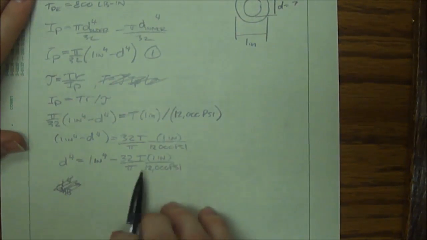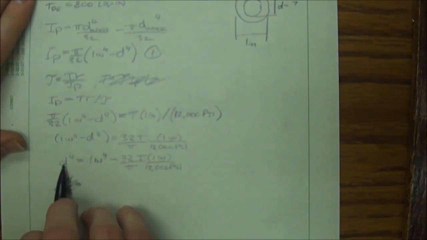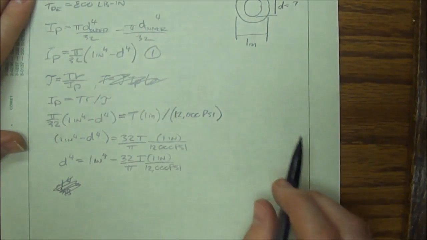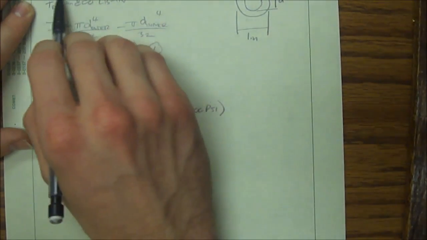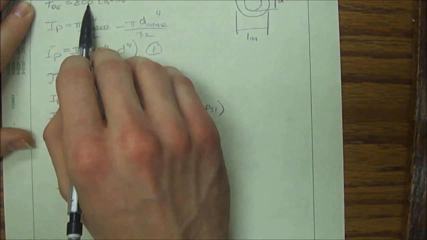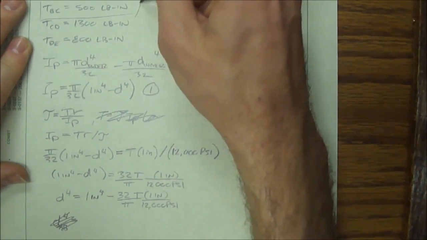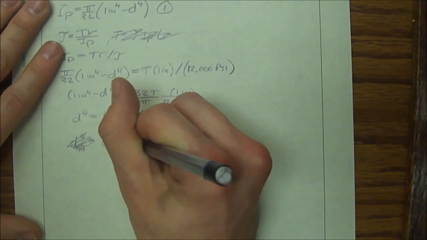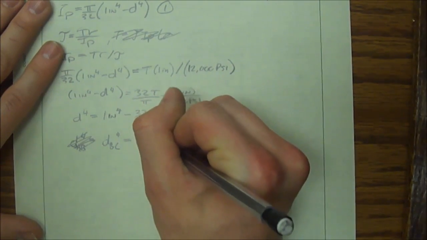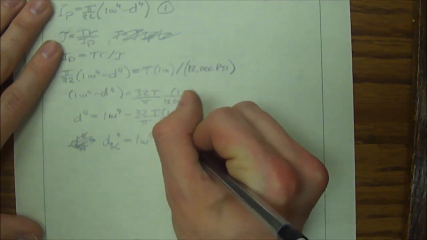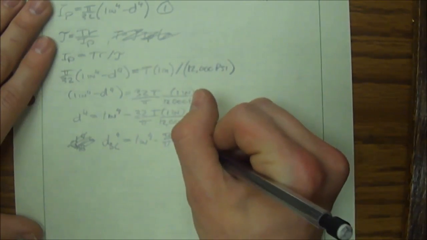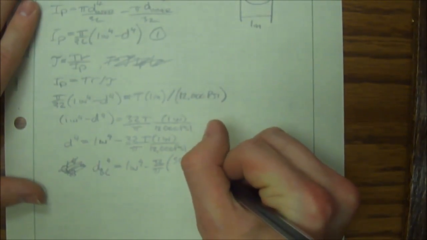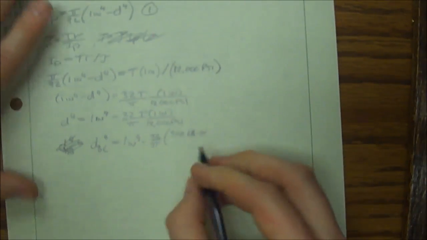Notice that a larger torque makes a smaller diameter, so we're actually looking for the larger torque here, because if this one breaks, these are definitely going to break. So this is the one that I want to use. d_CD to the 4th equals 1 inch to the 4th minus 32 over pi, and now I'm going to be using my torque from up here, 1,300 pound-inches.